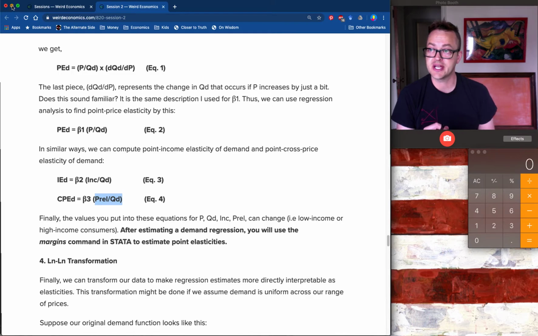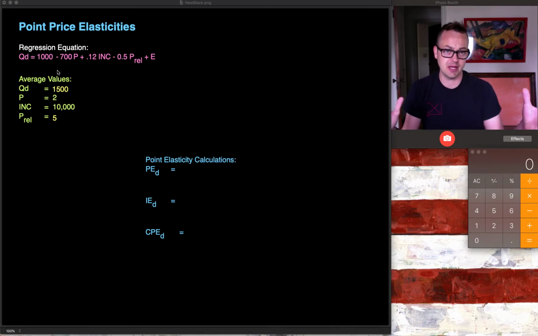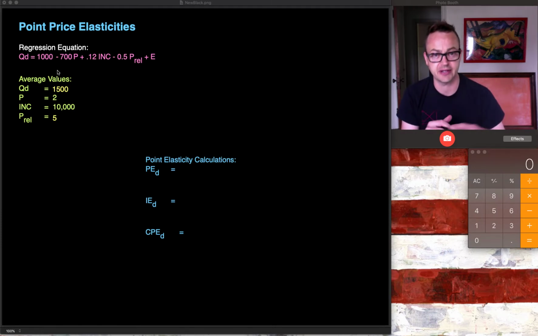So let's say that you had some data person run a regression given this data across maybe several different locations. Prices differed a little bit, the quantities, etc. So the data person comes back and gives you two types of analyses. One is descriptive analyses, for the average values for your data.